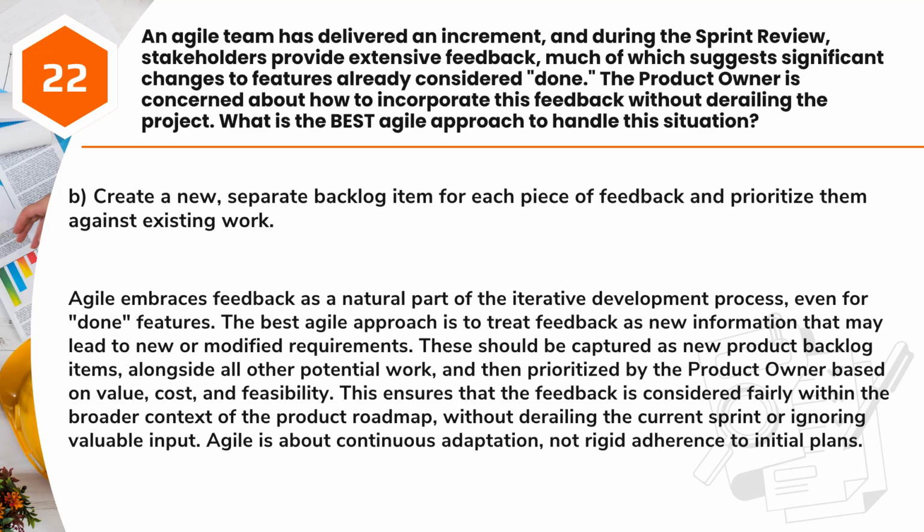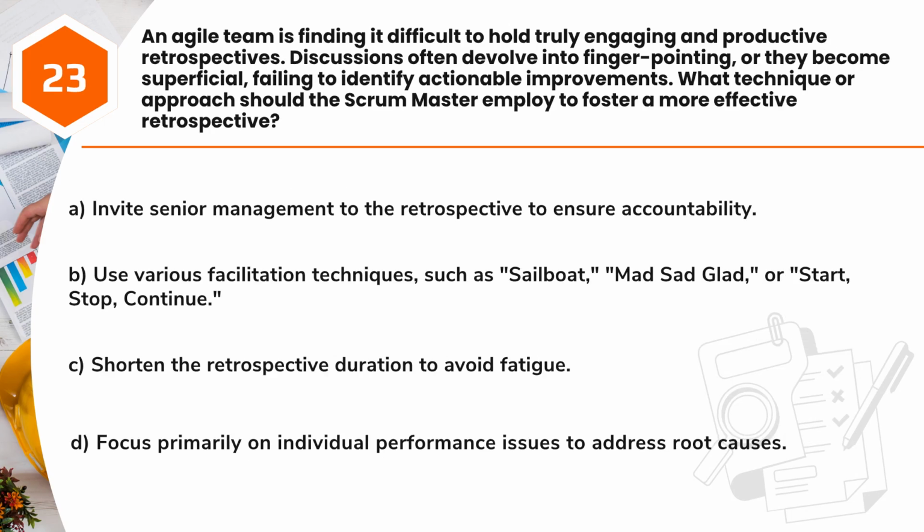These should be captured as new product backlog items, alongside all other potential work, and then prioritized by the product owner based on value, cost, and feasibility. This ensures that the feedback is considered fairly within the broader context of the product roadmap, without derailing the current sprint or ignoring valuable input. Agile is about continuous adaptation, not rigid adherence to initial plans.